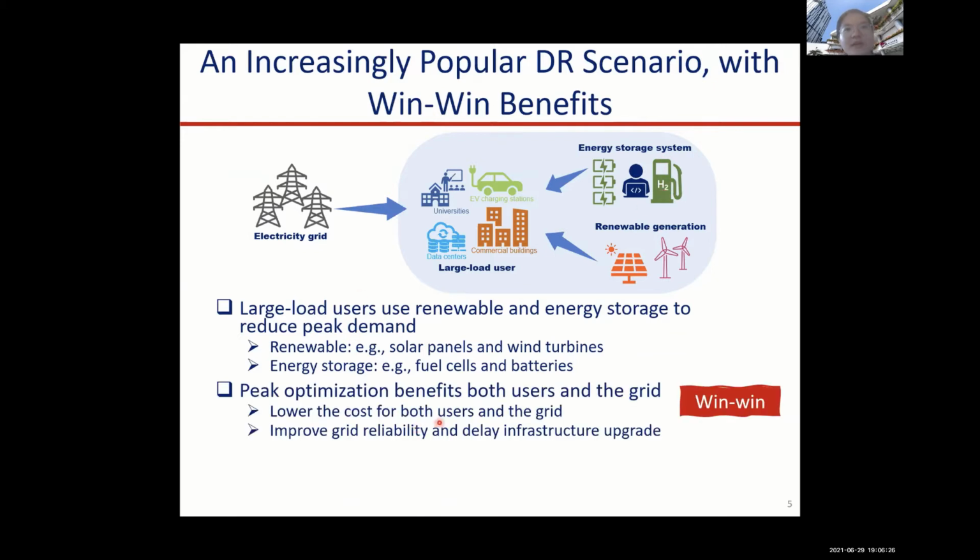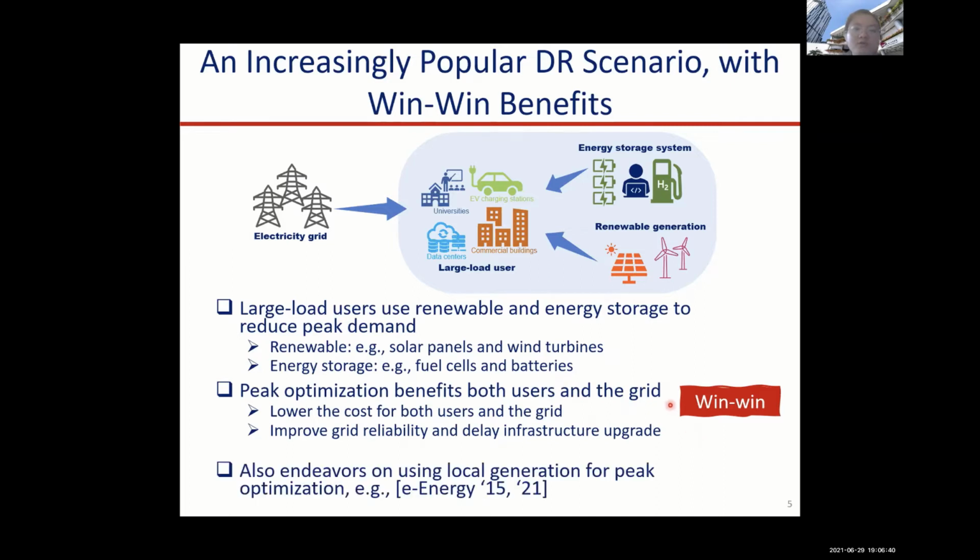Peak minimization for large load users benefits both the user and the grid. It can improve grid reliability and delay infrastructure upgrades, to bring win-win benefits. There are also other works on using local generation for peak optimization. We have focused on this popular demand response scenario. The large load users use renewable generation and energy storage to reduce peak demand.